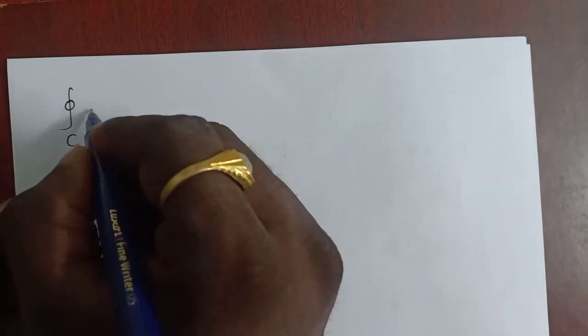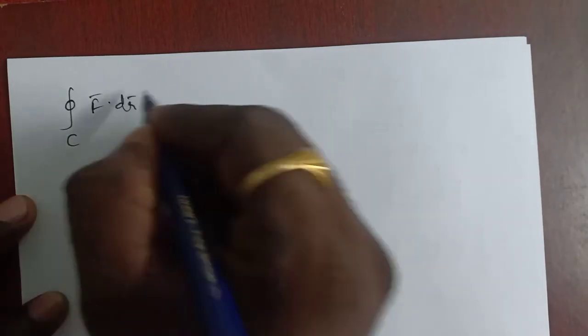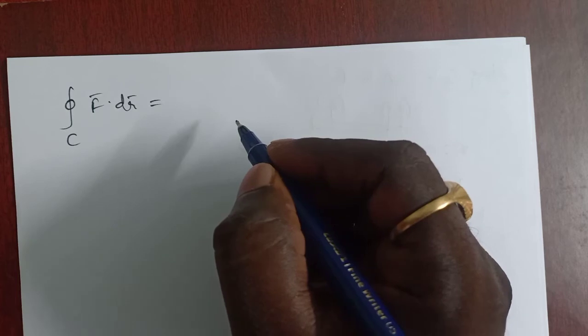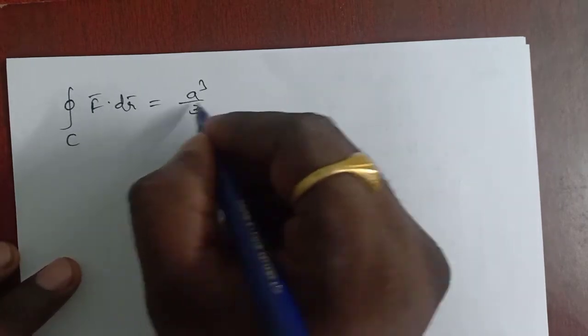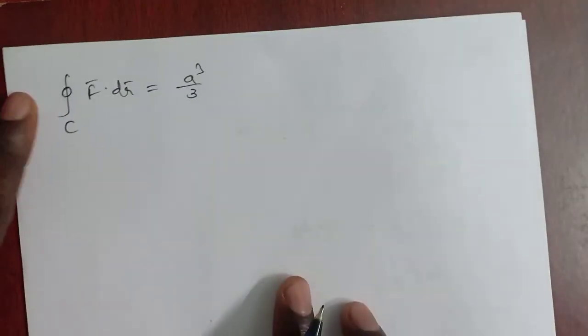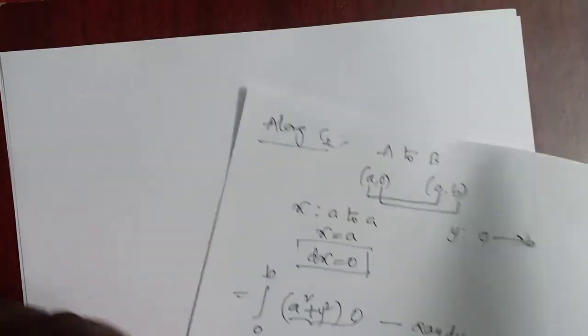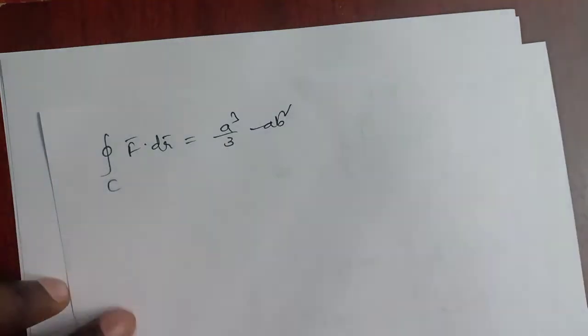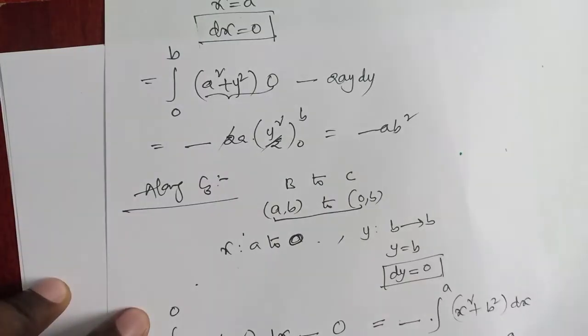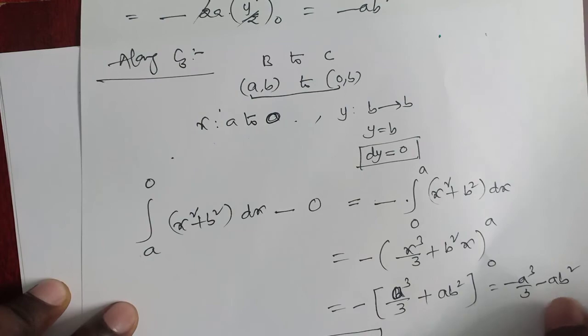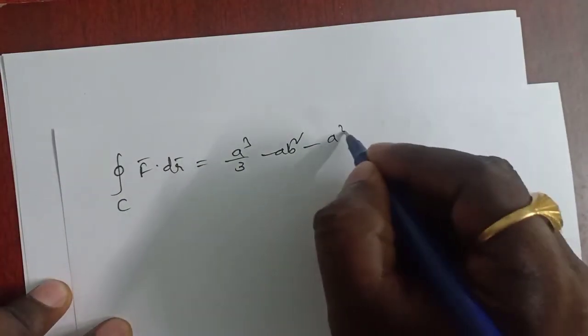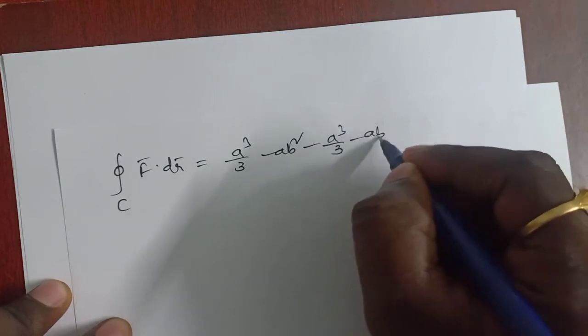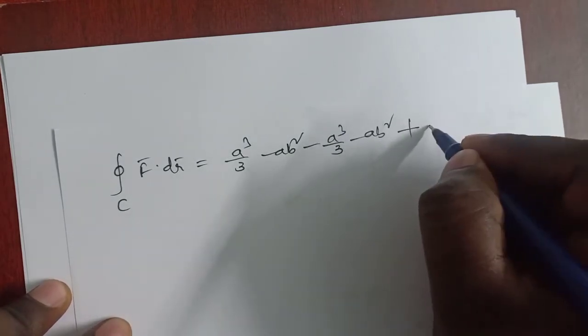Finally the line integral along the curve C, the integral of f bar dot dr bar, is equal to: along C1 we have a cube by 3, along C2 we have minus ab square, along C3 we have minus a cube by 3, and along C4 it is 0.